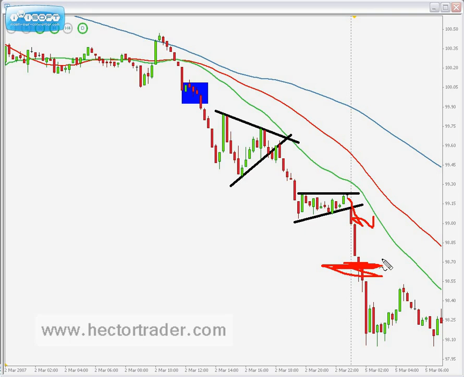I can't remember exactly at what level I exited my position, but I think I had my final target at around this level, right? But nonetheless, once we saw this area of decision-taking consolidation break to the downside, I knew for a fact that this trade was going to be a winner, and my final target was going to be met.